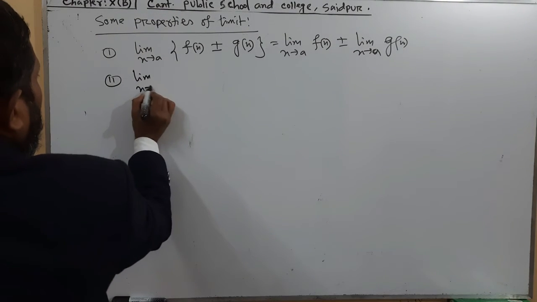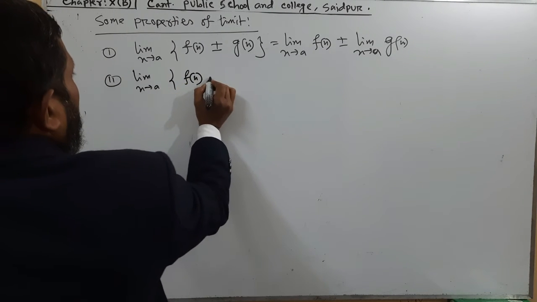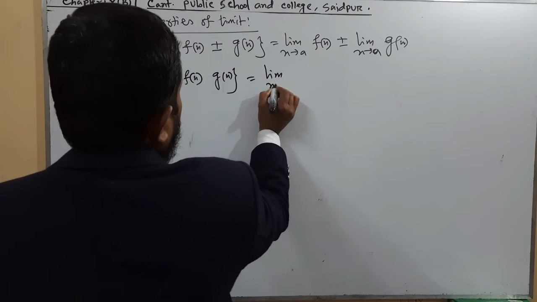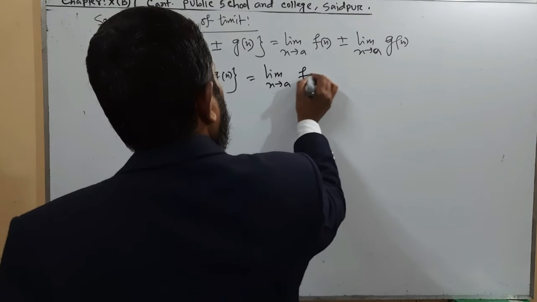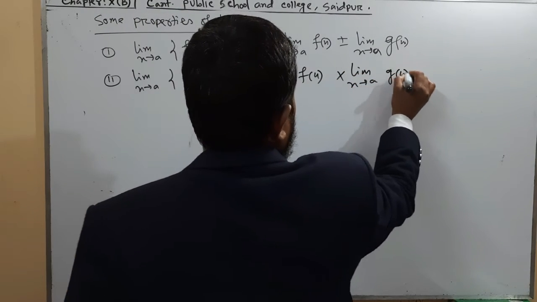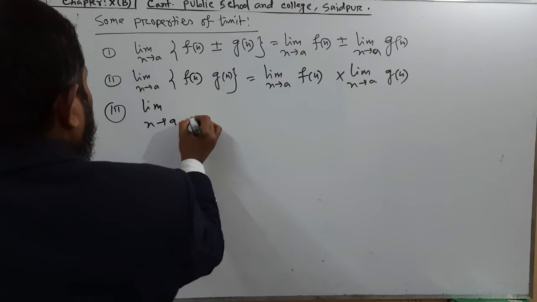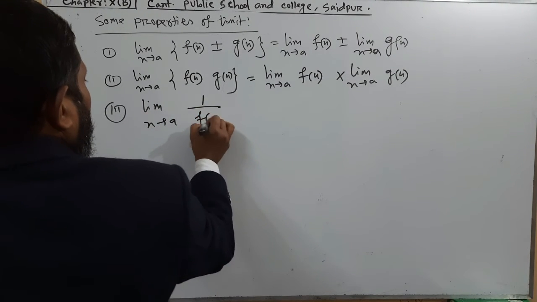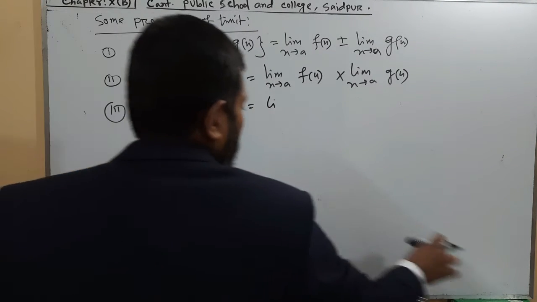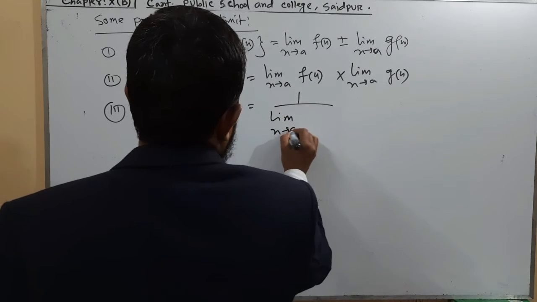Limit x tends to a f of x multiplied by g of x is limit x tends to a f of x product limit x tends to a g of x. Limit x tends to a of 1 by f of x, this we can write as 1 divided by limit x tends to a f of x.